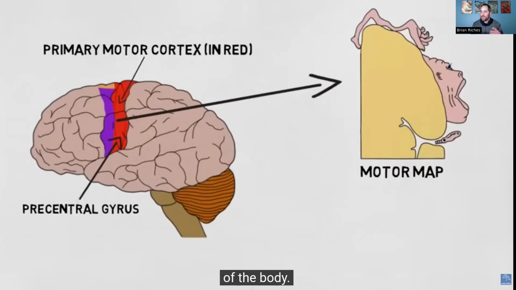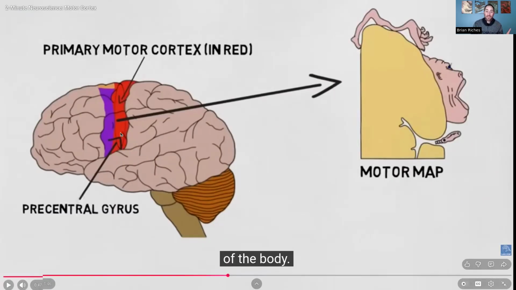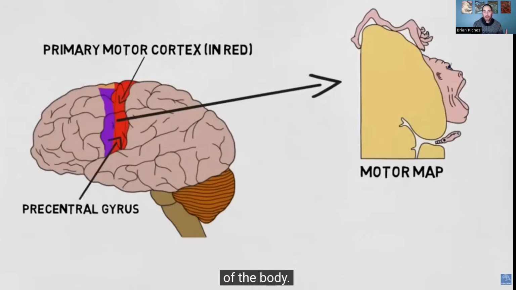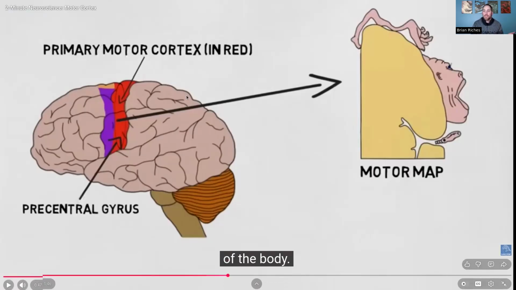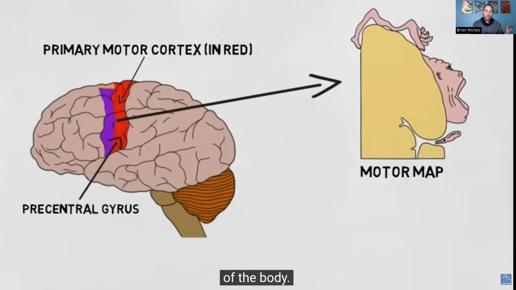So just to jump in, just like we saw with the somatosensory cortex, there's specific sections of gray matter that are dedicated to specific parts of the body, the inputs of pain and touch coming from those specific parts of the body. We have in the motor cortex specific areas of gray matter that are dedicated to specific parts of the body. Again, we see a lot for face, mouth, throat. Facial expressions are a really important thing for humans.